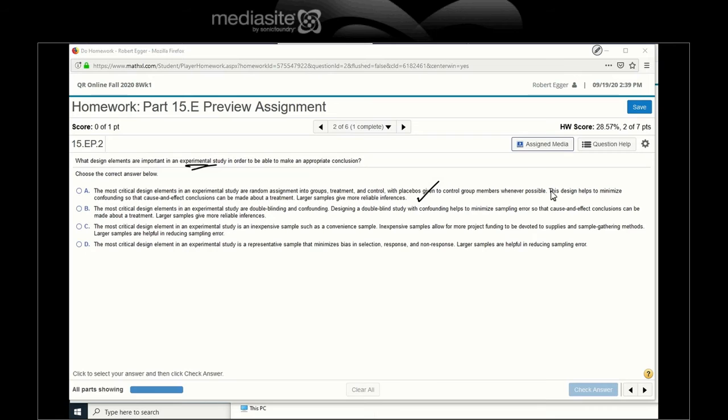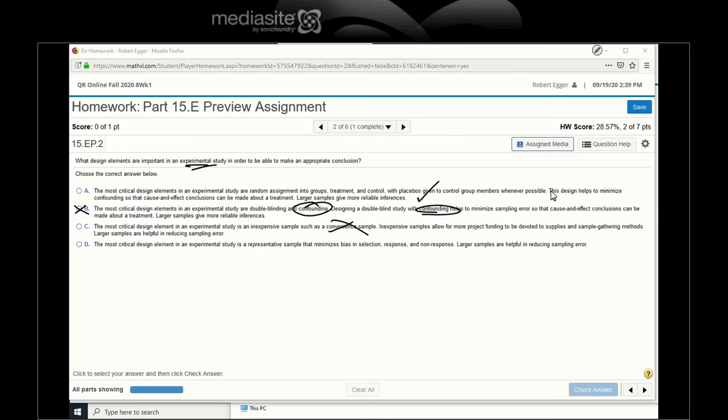Most critical design element in an experimental study are double blinding and confounding. That's not design. We want to minimize that. Designing a double blind set with confounding. No. The most critical design element of an experimental study is an inexpensive sample, such as convenience. The most critical design element in an experimental study is a representative sample that minimizes bias in selection, response, and non-response.